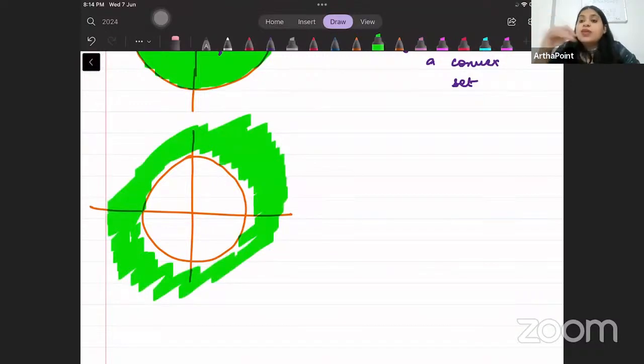My set is defined with everything universal except this circle. And I ask, is this a convex set or not? Absolutely, you're right. This is not a convex set. Why? I take any 2 points, I join it with a line segment. Some part of the line lies in the non-shaded region, right? So this is not a convex set.